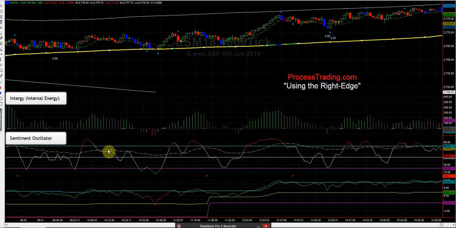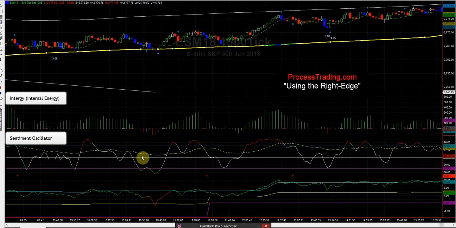So the sentiment line within the sentiment oscillator is this dashed line. Anywhere the momentum cuts through the sentiment line, that's a strong indication the price will actually follow that as well. So you want to coordinate that with the energy with the price.